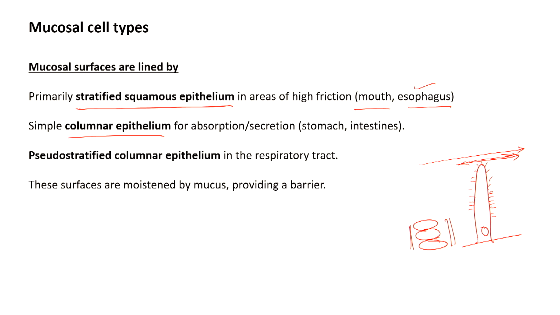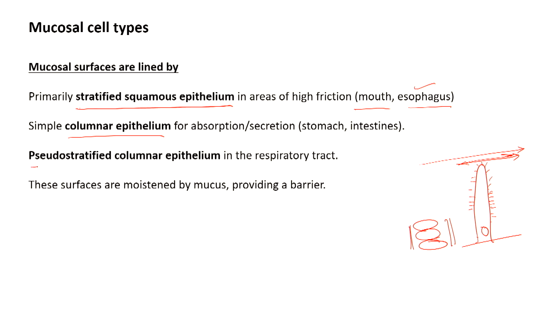So these may be ciliated as well. This columnar epithelium is mostly present in the lining of the stomach and the small and large intestine as well. These are mostly responsible for absorption as well as secretion. There are many other cell types which are present. We'll gradually learn about those also.